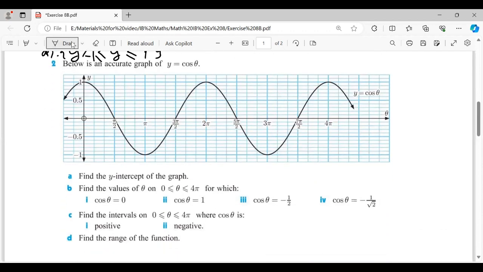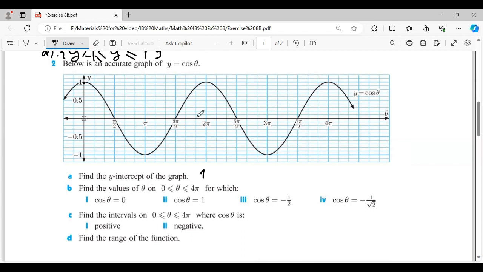Let's continue to 2. Below is an accurate graph of cosine theta. Just now it was sine theta, now cosine theta. Find the y-intercept of the graph. The y-intercept is 1. Find the values of theta, for theta greater than or equal to 0 and less than or equal to 4 pi, for which cosine theta equals 0.